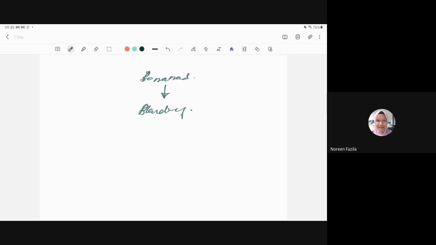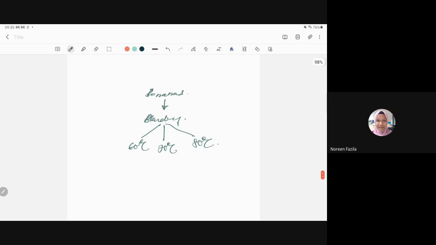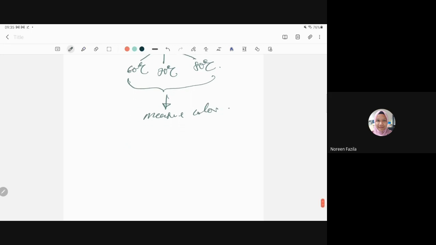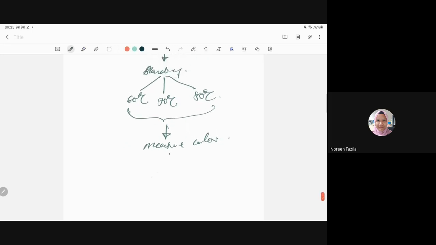So we have the bananas and blanch them at 3 different temperatures. For example, 60 degrees C, 70 degrees C, and 80 degrees C. This is just an example. And after that, we measure the color. For example, we are going to measure it based on the L star, A star, and B star parameters.